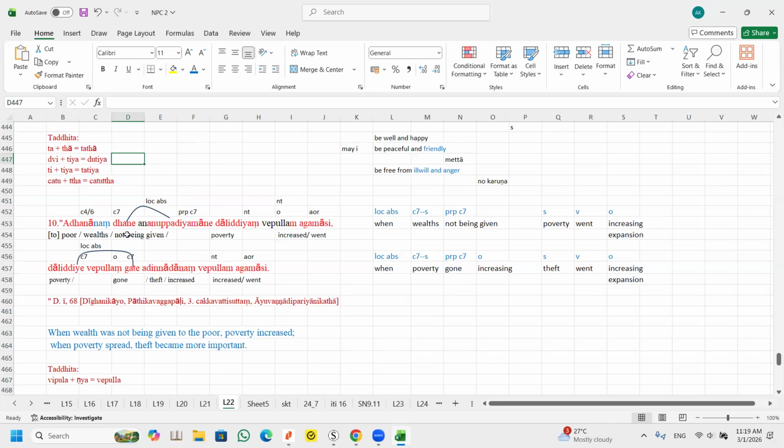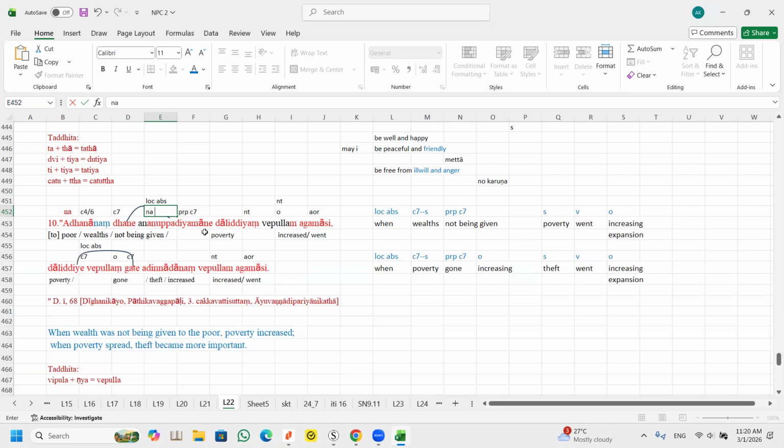Dana and Dane. Because this Dana and Dane, take away the R, there is a na in front. Dane, can you see, take away the an, because there is a na here also. So it will be anu padiyamane.